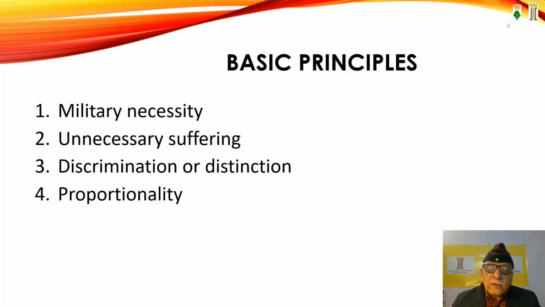There is always a discrimination between a military target and a civilian, non-military target. So, for example, while resorting to artillery fire, armored fire or air attacks, schools and railway lines, which are not connected to the war effort, are to be saved and are not to be attacked.